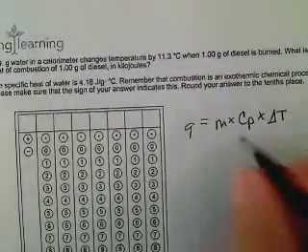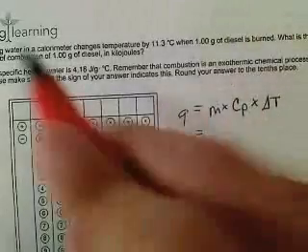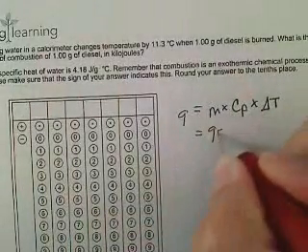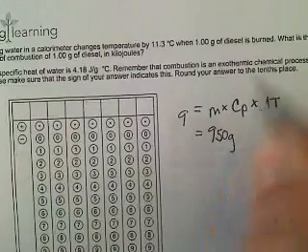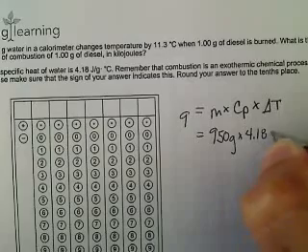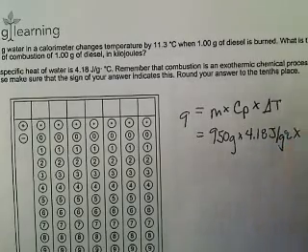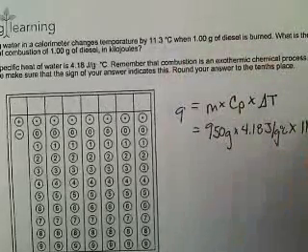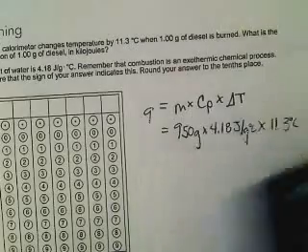The mass of the water was 950 grams, the specific heat was 4.184 joules per gram degrees Celsius, and the temperature change was 11.3 degrees C.